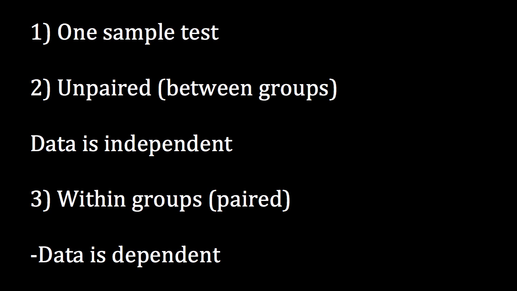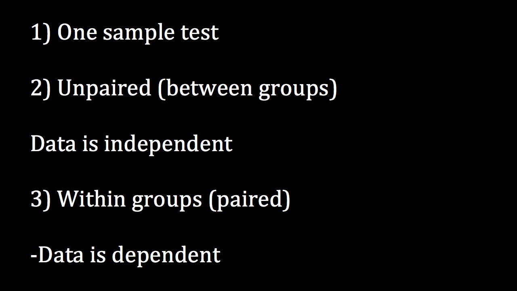So, for example, we could do a pre and post test. We take a group of patients that have asthma, and we evaluate where their knowledge is at prior to educating them. We educate them, and then afterwards we see how much knowledge they've gained.